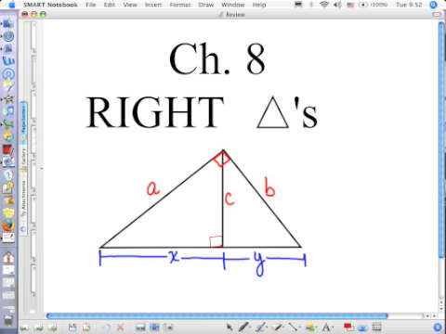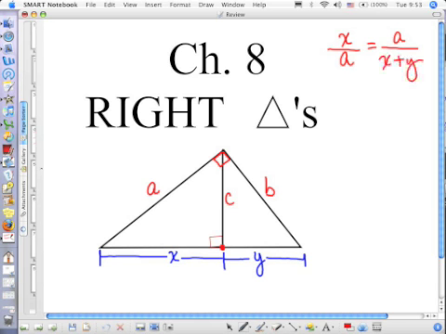Okay? Now, we said there were three similar triangles that were formed, and these are the relationships that exist. It dealt with geometric mean and proportion. We said the long leg of the right triangle is the geometric mean between the long segment created and the entire hypotenuse.